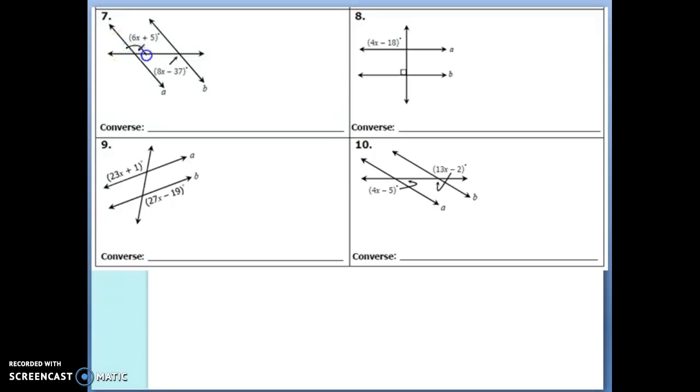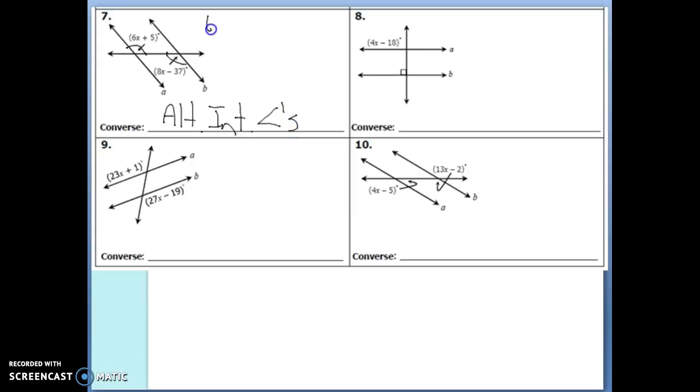Okay, number 7, 6x plus 5, and this angle 8x minus 37. They share a transversal line, they are on opposite sides, and they're in between. So that's our alternate interior angles.